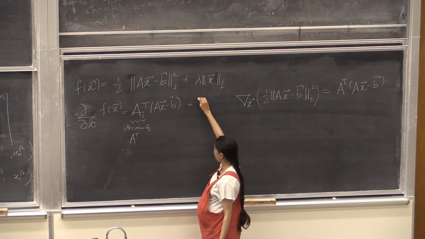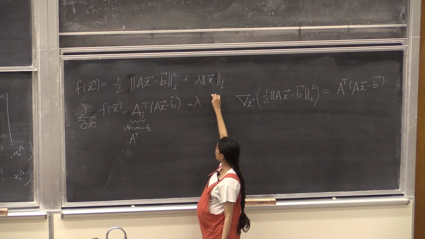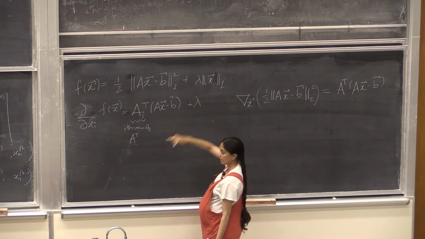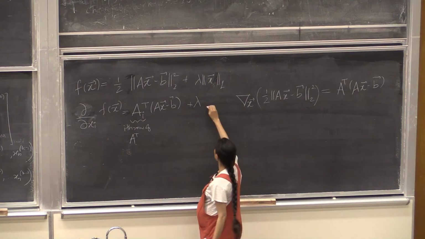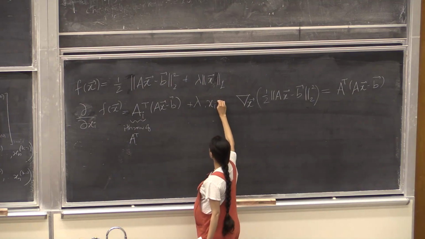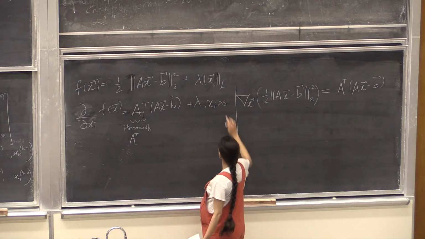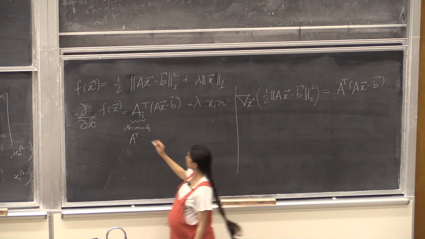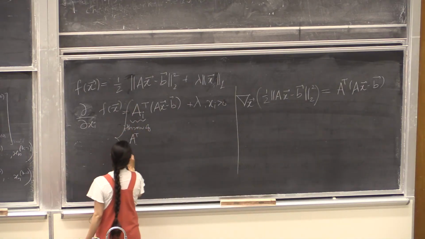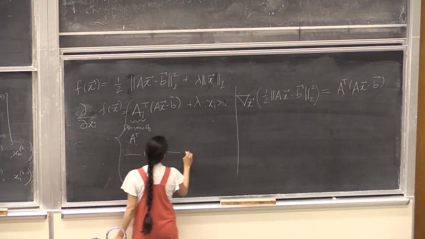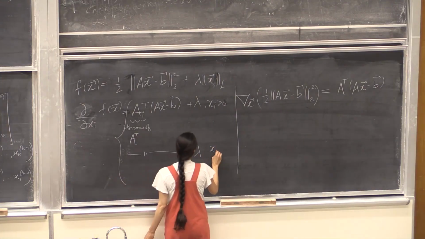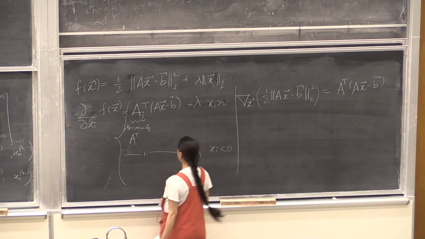So I have basically lambda, and again I have these cases, right? Exactly the same way we did there. So if x_i is greater than 0, I have one thing. Otherwise, I have this term the same, and I have a minus lambda if x_i is less than 0.